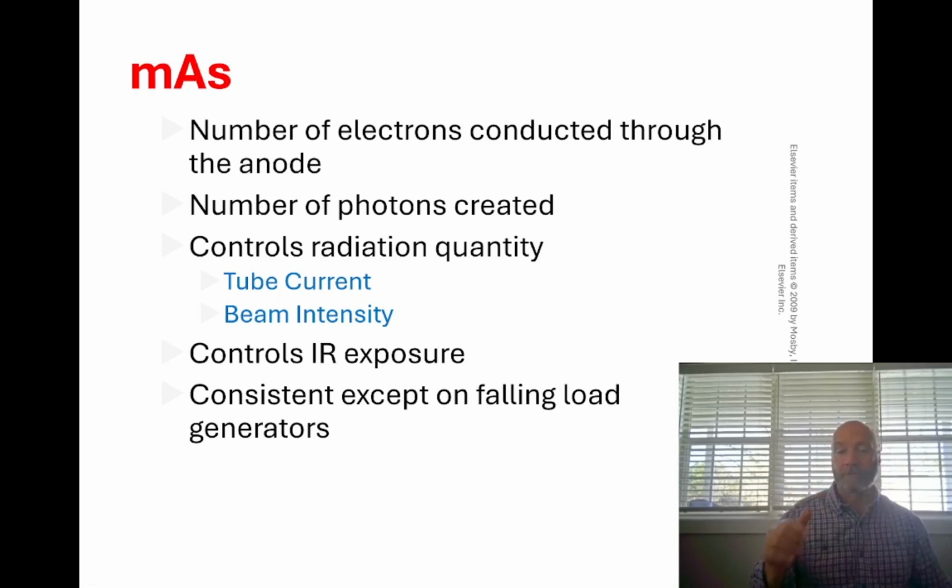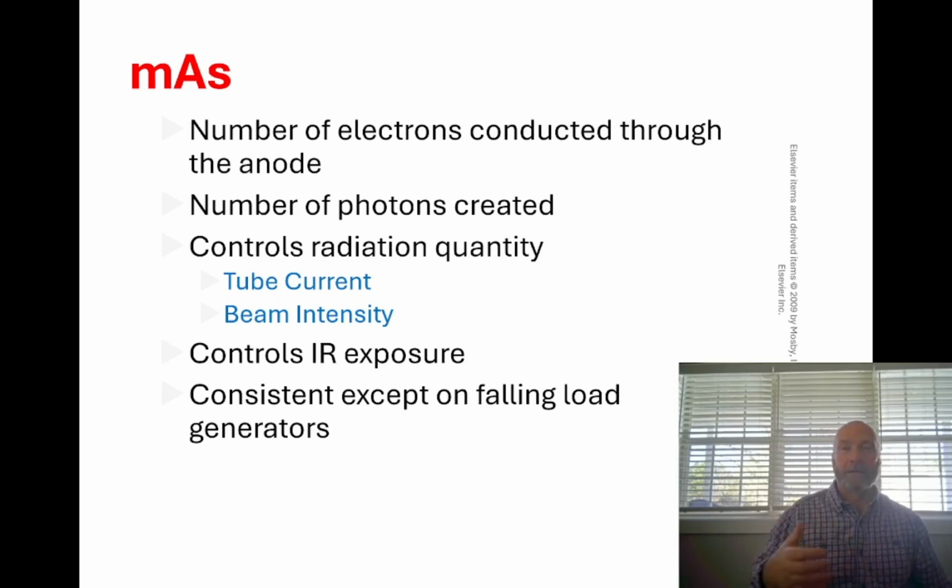We talked about falling load generators last semester, and this really should be more of an mA specific thing, not an mAs thing. But with a falling load generator, what you get is, I don't know if they still do or not, but they used to use these falling load generators in equipment where we're doing rapid exposures of things that would not be still, like for example in cardiac catheterization.